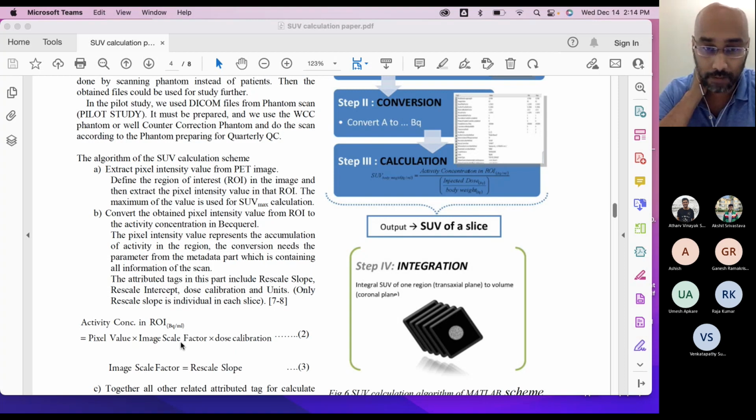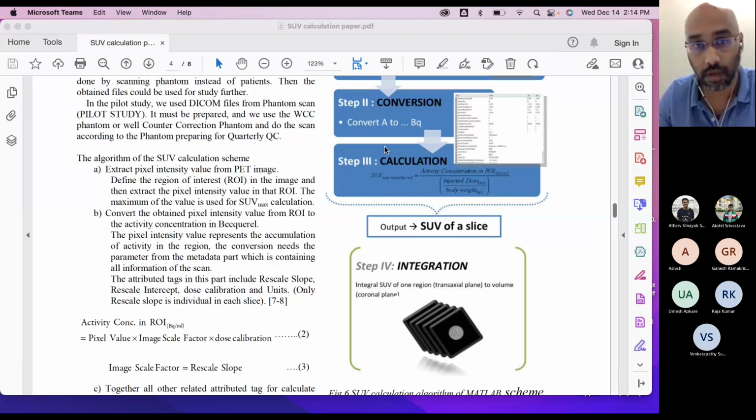The image scale factor, the rescale slope, if we are not mistaken, and you can tell us, can be calculated from the metadata of the DICOM image. We want to know how to get the dose calibration, whether it can be taken from the metadata of the DICOM images, or it is something that has to be provided by you. Once we have all these values, we will be able to get the SUV value.